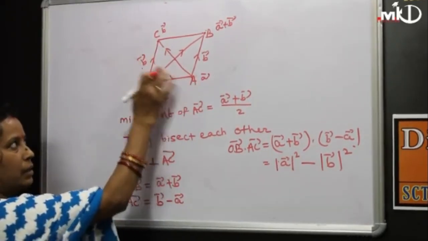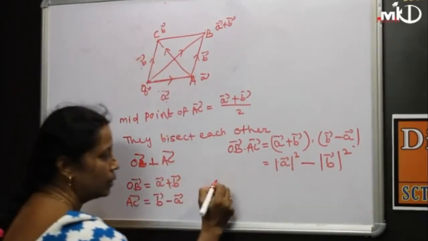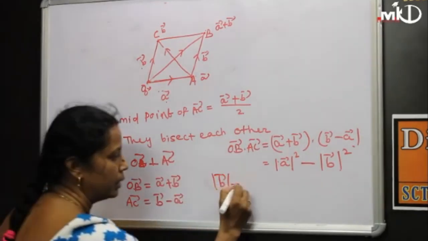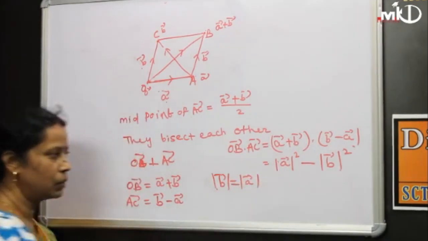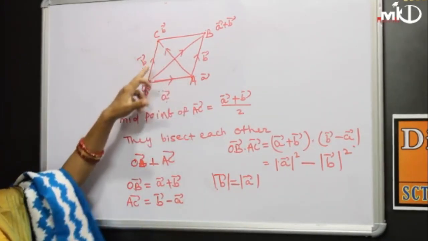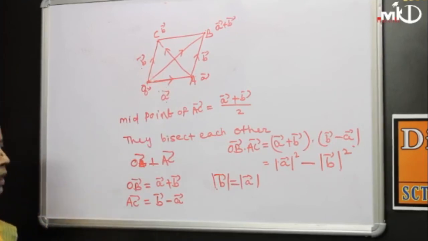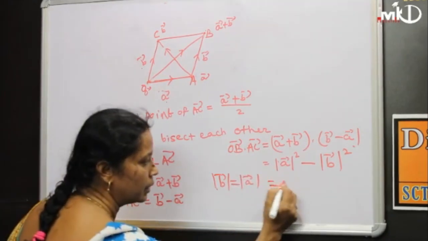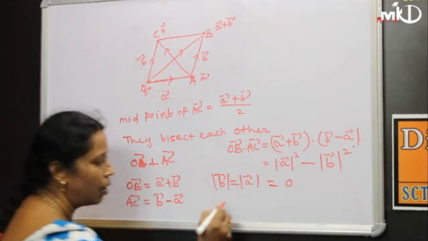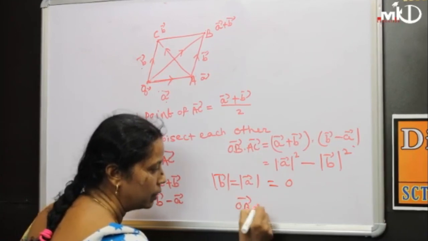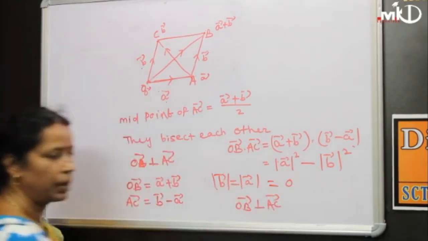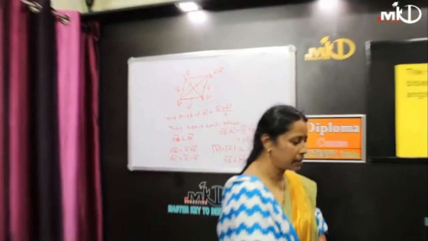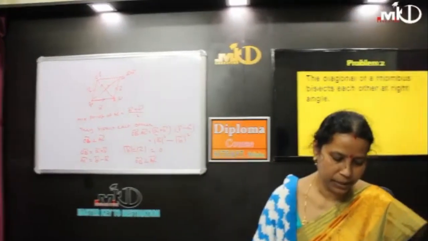Since they are the sides of the rhombus, the magnitude of B bar is equal to the magnitude of A bar, because we know the lengths of the sides of a rhombus are equal. That means this dot product is equal to 0, so the diagonals are perpendicular to each other. So we prove that the diagonals of a rhombus bisect each other at right angle by vector method.